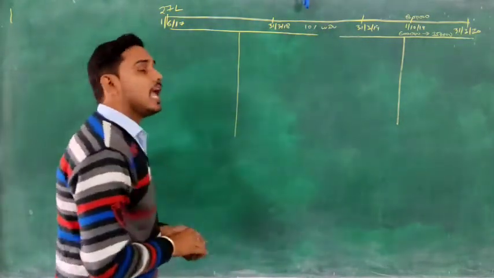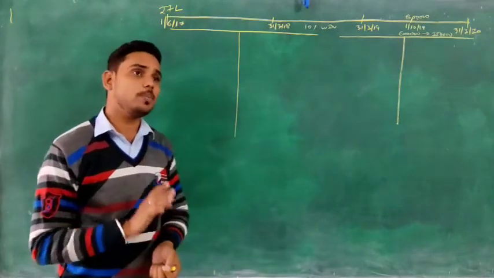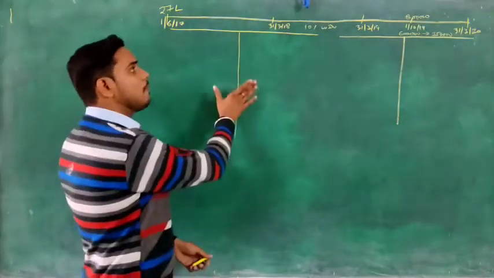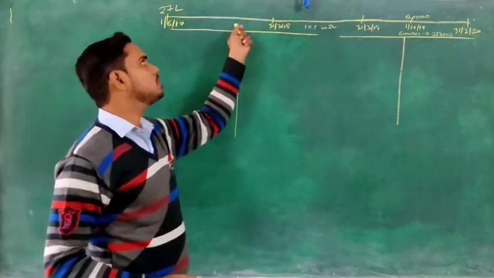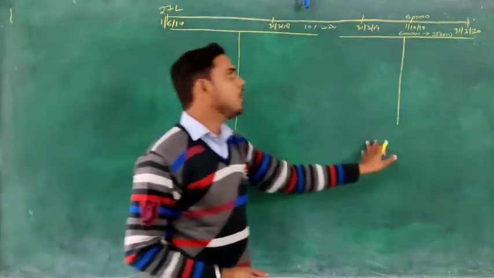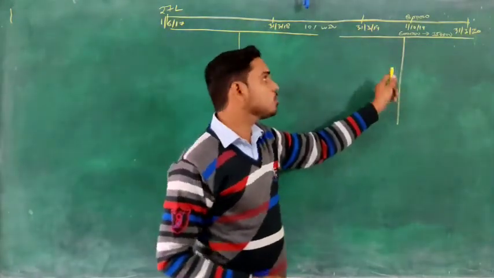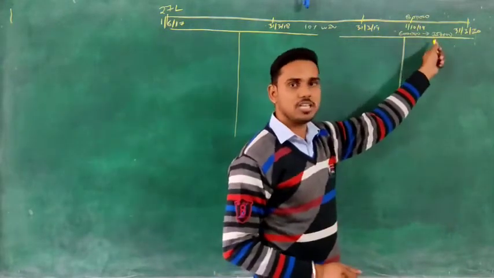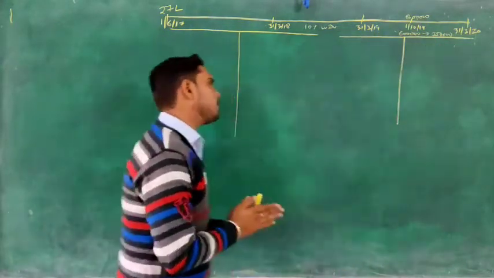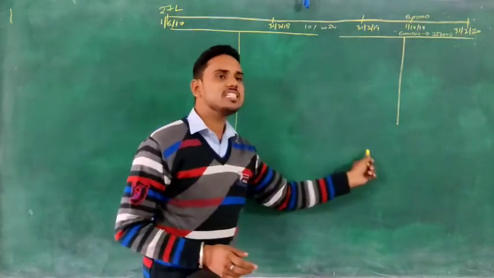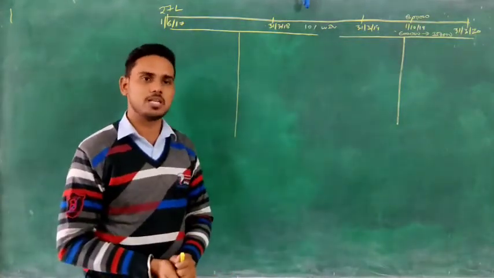That is the second method. And it is asked in the question that we need to prepare three accounts. First one is the machinery account. You need to write here machinery account. Second one, provision for depreciation account. So here you will write provision for depreciation account. And we need to prepare one more account, that is asset disposal or machinery disposal account.